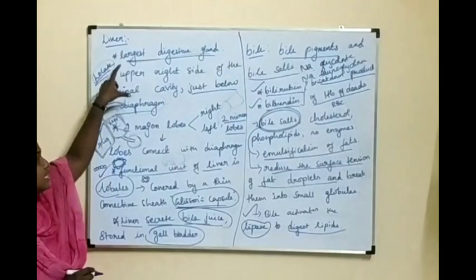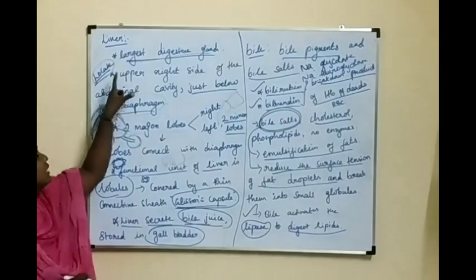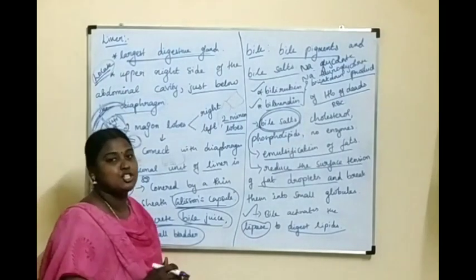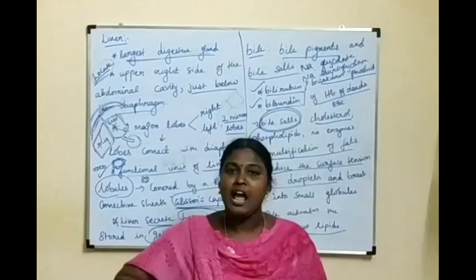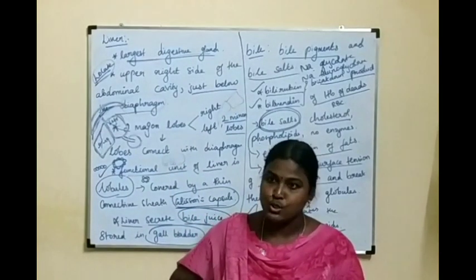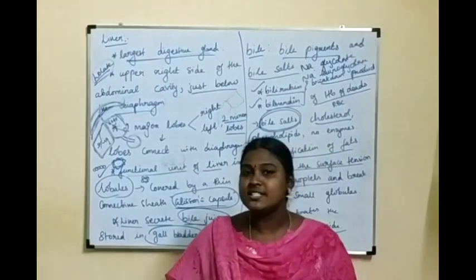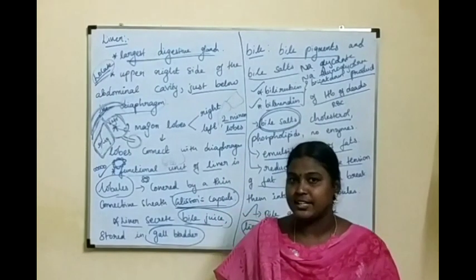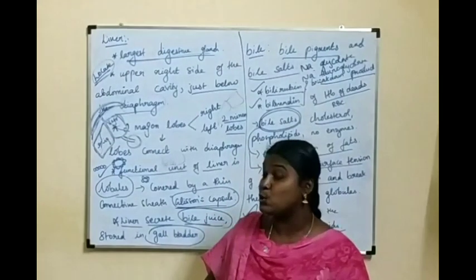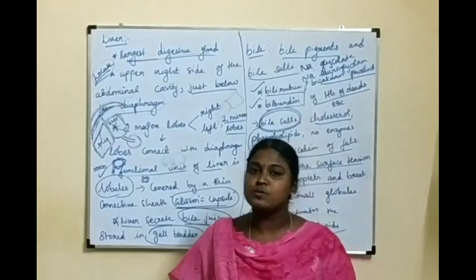So this is the overall introduction about the liver. Liver is the largest digestive gland. Where is it located? The liver is in the right upper abdomen, just below the diaphragm. What is the structure of the liver? It consists of lobe-like structures: two major lobes, the right lobe and left lobe, and minor lobes are also there.